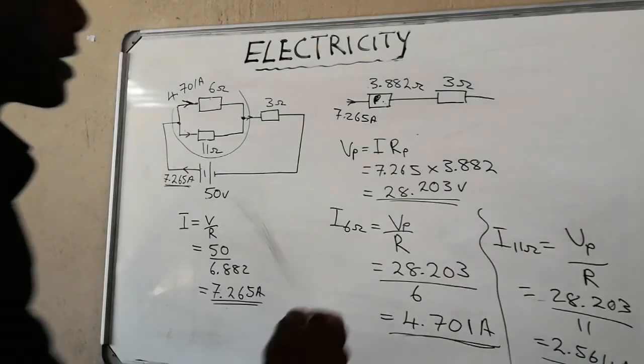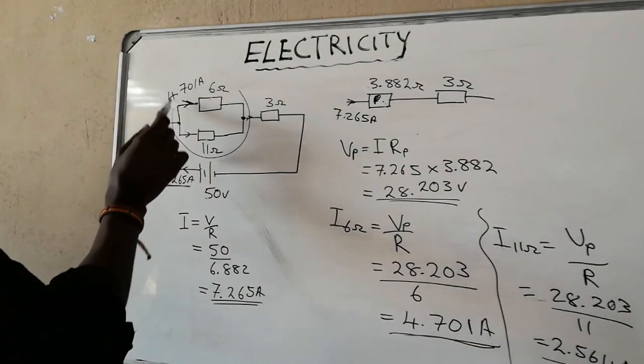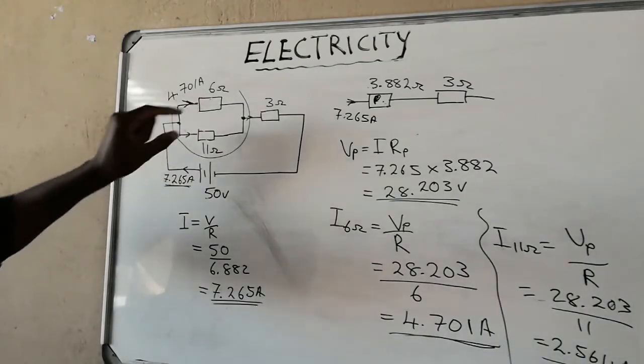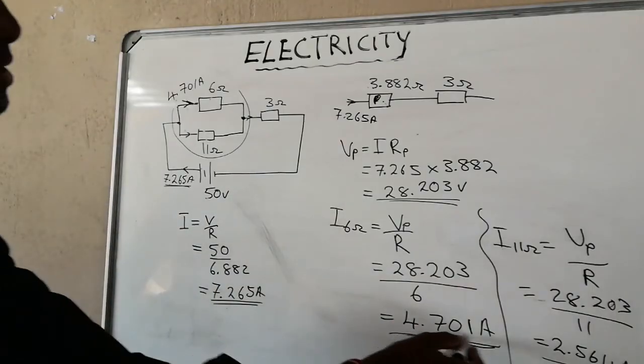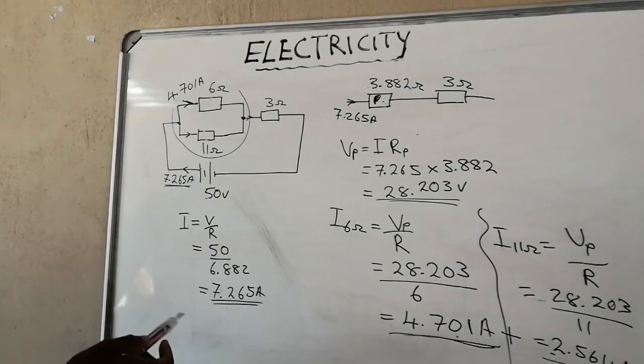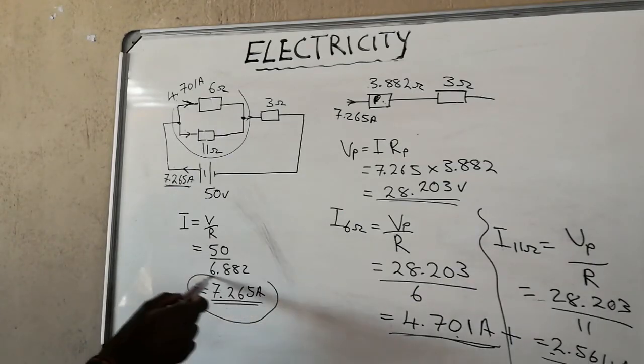Okay, so on this side we have 4.701. On this side we have 2.564 amps flowing through there. If we add these two currents, they should give us something close to this amount.